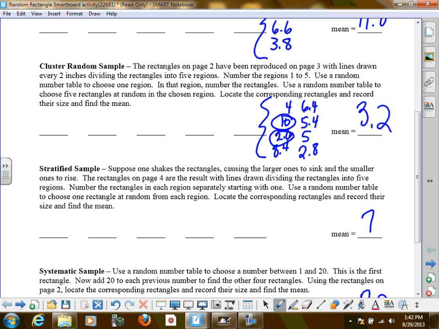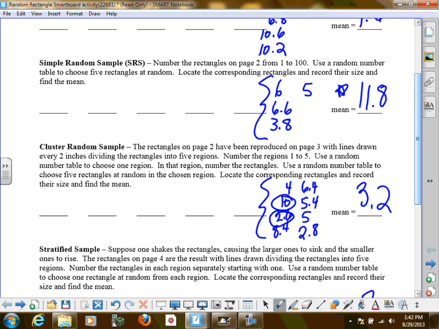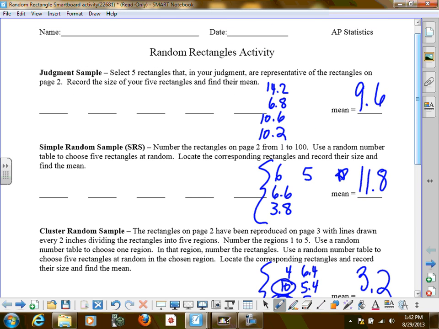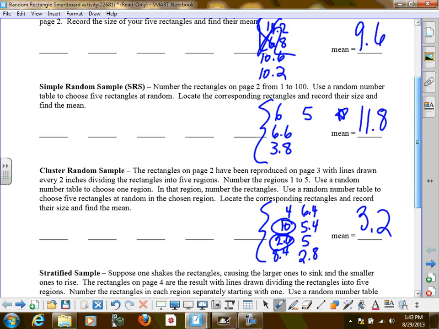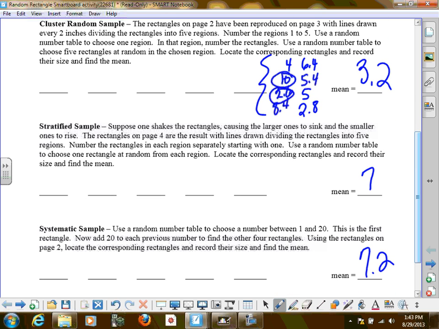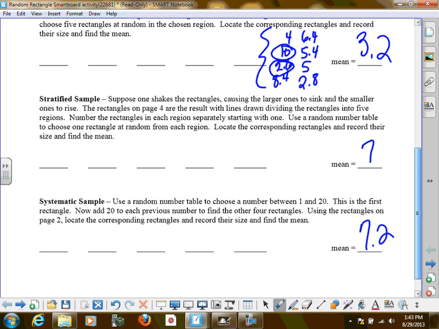That's a lot more spread out than these ones here, which were clustered. So I think perhaps clustering was not the best method here because all the class periods have been quite varied.